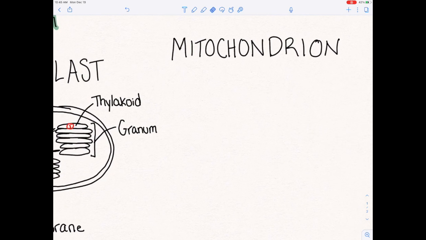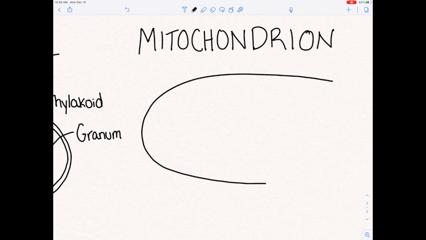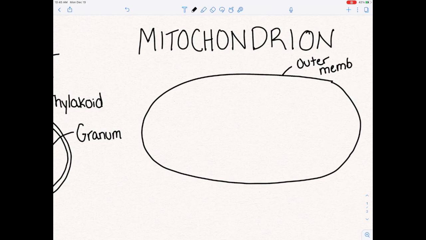Now we'll go into the structure of the mitochondrion. Just like chloroplasts, mitochondria also have two membranes. There is the outer membrane. And for the mitochondrion, we're not going to draw the inner membrane as being right inside the outer membrane like we did for the chloroplast.